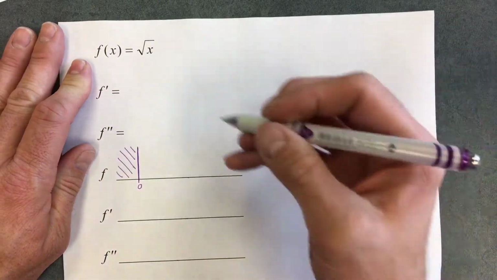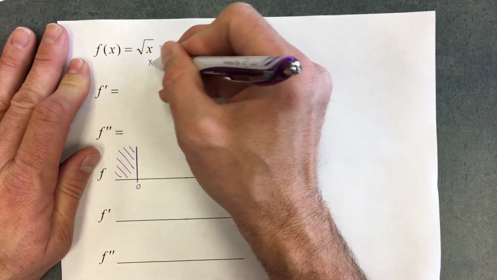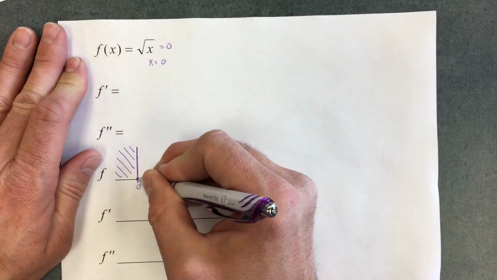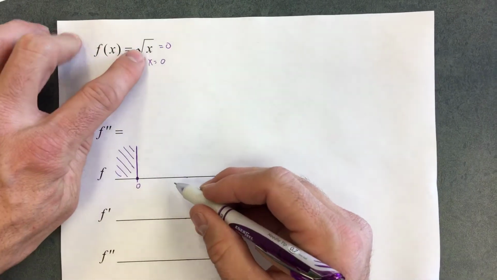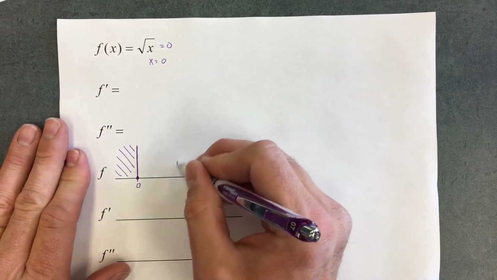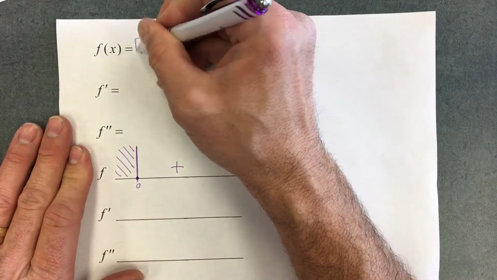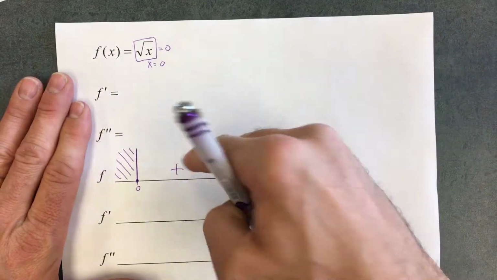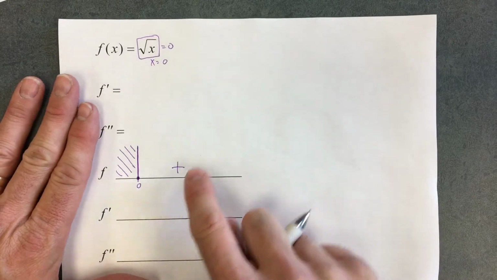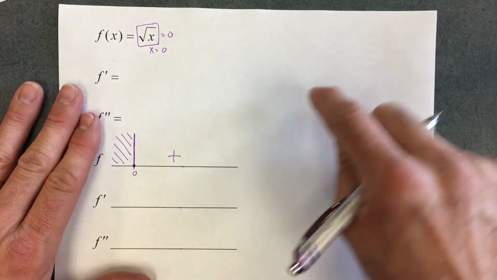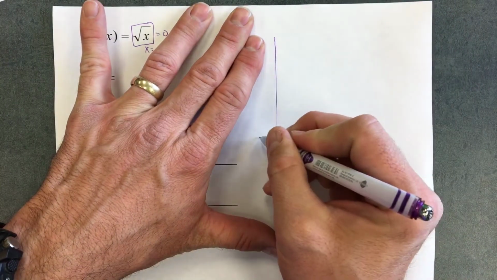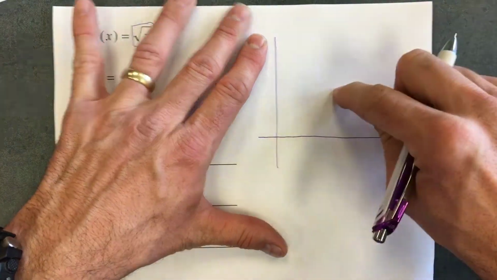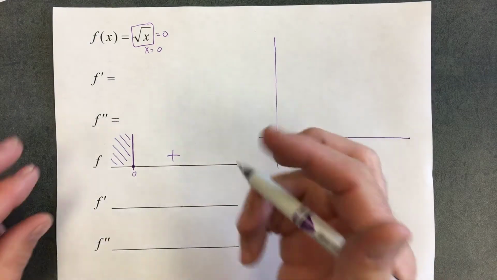But root x equals 0 at 0, so I know it's going to be at 0, and whatever positive values I stick in here, the square root of a positive number is, of course, positive. Now I realize if I'm right of 0, it's going to be positive. This is going to be an extremely first quadrant centric picture, all up here.